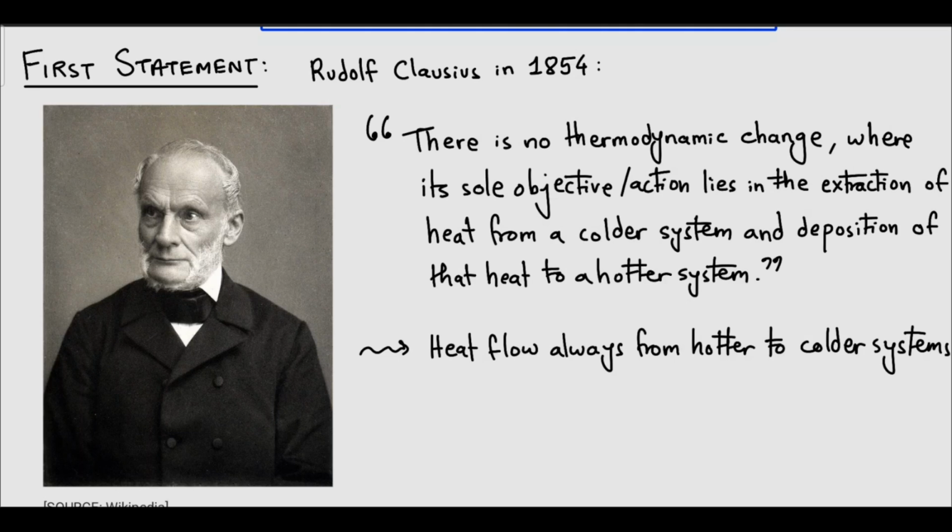For us, it would basically mean that if we have a system A and a system B, whereby let's say the system A is colder, so it's with blue color, and system B is hotter.